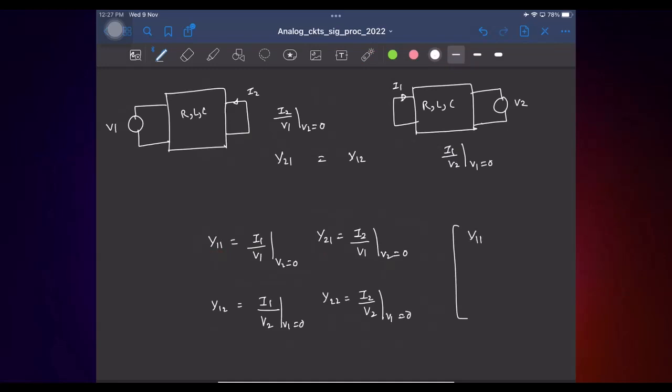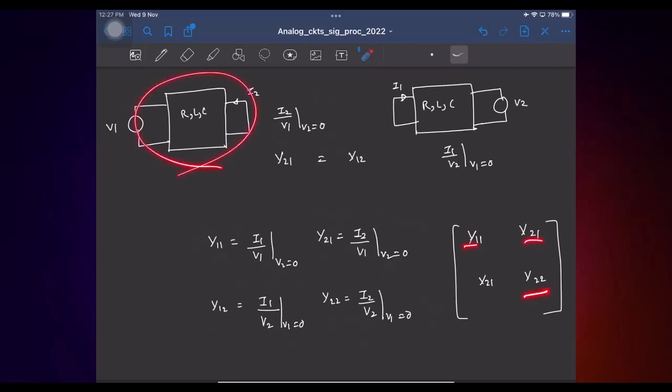So I can just say Y11, Y21, Y22. So by just knowing 3 parameters, I can characterize the entire two-port network. Okay, and similarly, if you choose other sets of parameters, you will have some relation between some 2 parameters. And of course, you can find it using the reciprocity results.